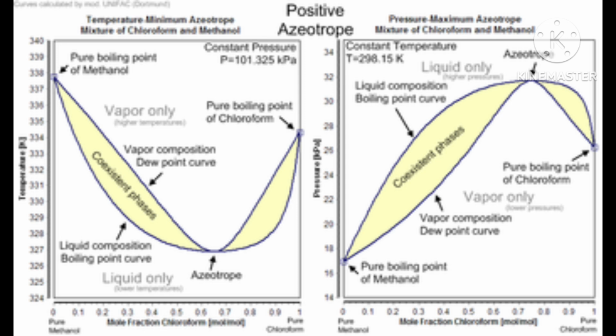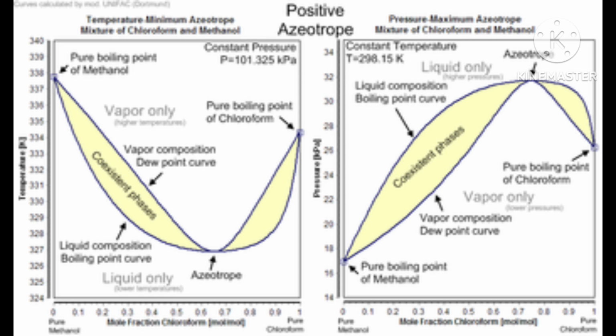Azeotropes are binary mixtures having the same composition in liquid and vapor phase. In both the vapor phase and the liquid phase, the same components are there, and that solution is called an azeotrope.